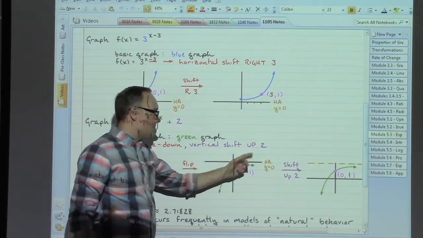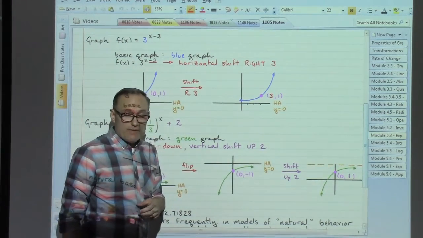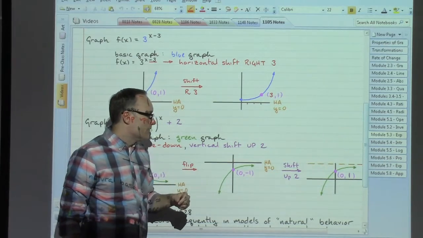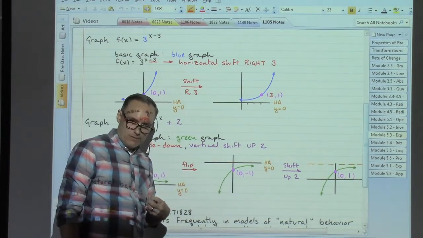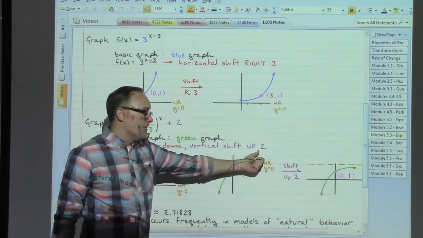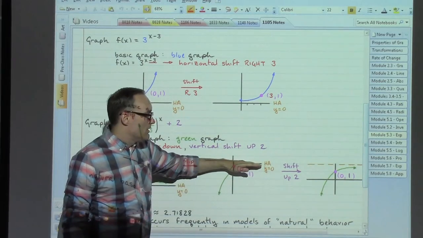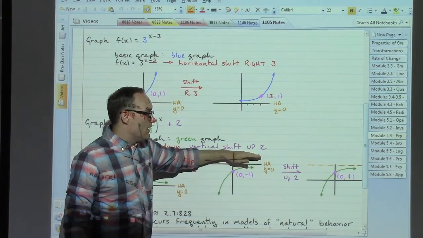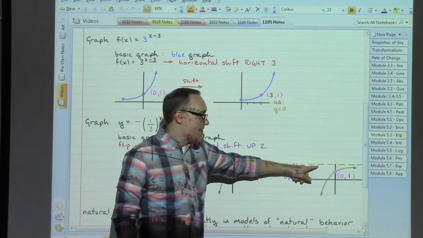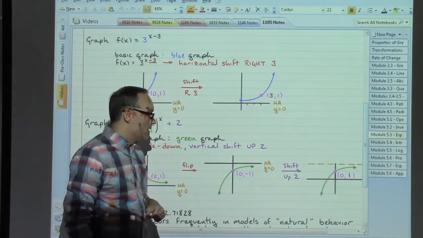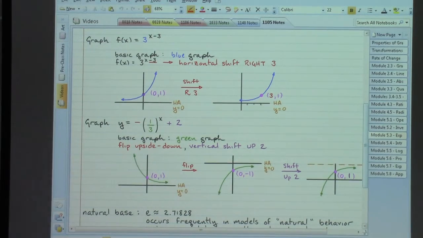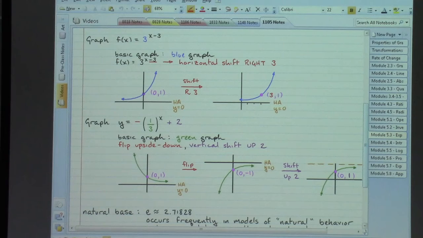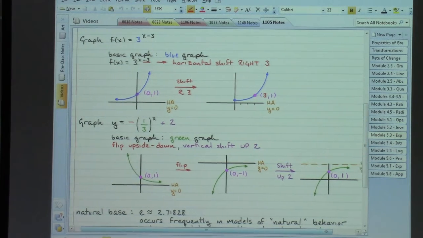The second thing that ends up happening, though, is corresponding to that vertical shift, up 2. So anything that is y-based is going to be changing by being shifted up 2. That gets shifted up 2. That new horizontal asymptote, got to bring the picture a little bit more to the right where we have that labeled.